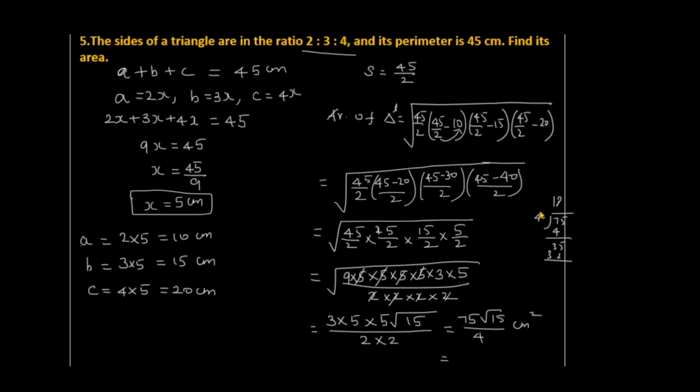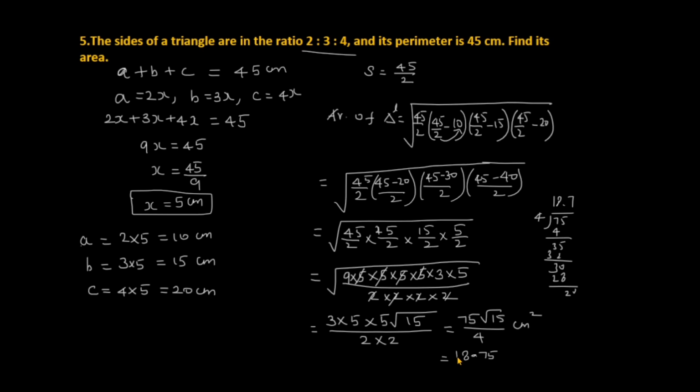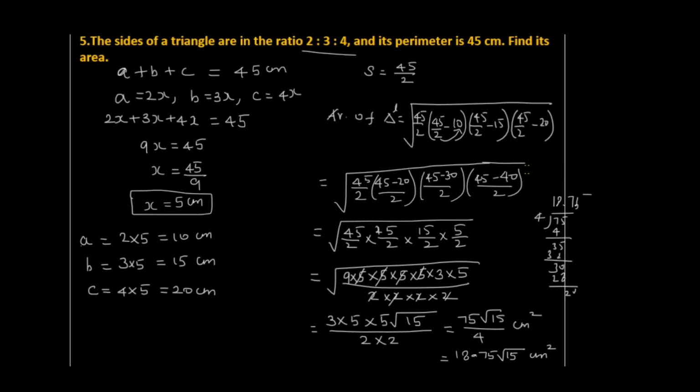Then keeping the decimal point, 3 30, 7 times 4 is 28, then the remaining 2 to 5, 5. So 18.75. 18.75 square root of 15 centimeters squared is the area of the triangle. 18.75 square root of 15 centimeters squared.